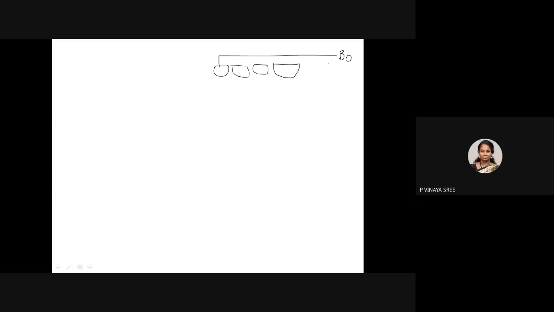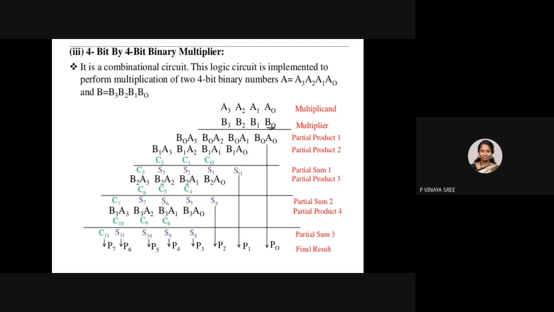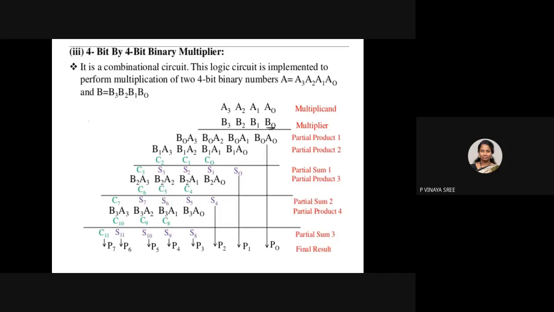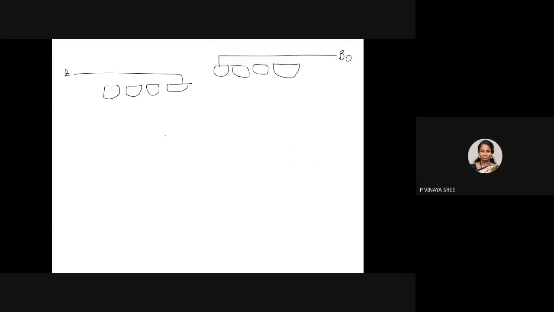B0. Okay. So next, this one and these 4 AND gates. So I will take 4 AND gates again. What will be common in this one? B1.